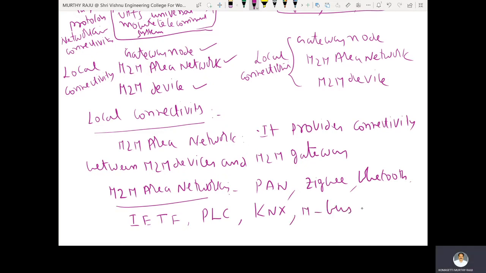So many technologies are used to connect the devices. That is called the M2M area network. The heart of local connectivity is the M2M area network. It provides connectivity between M2M devices and M2M gateways.